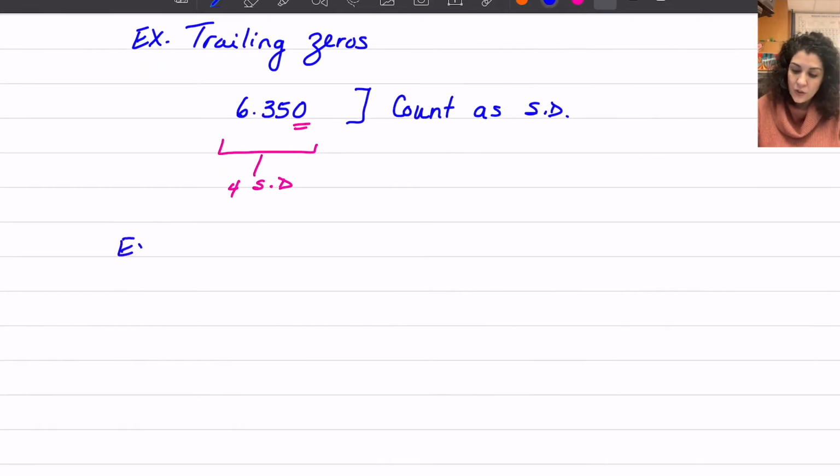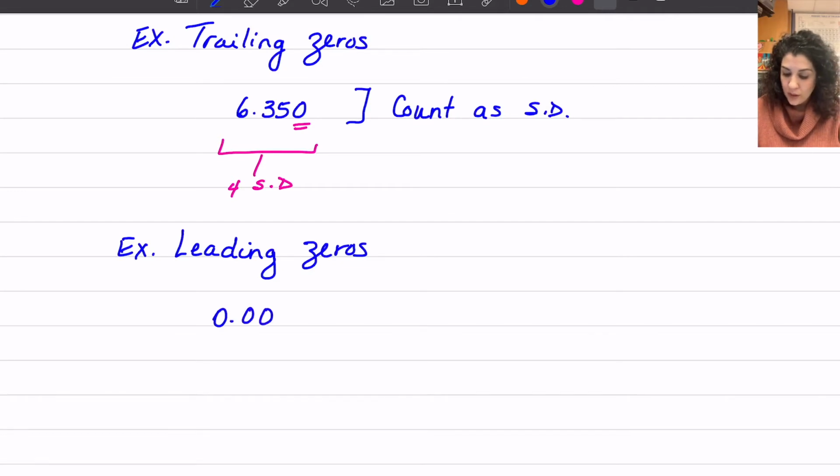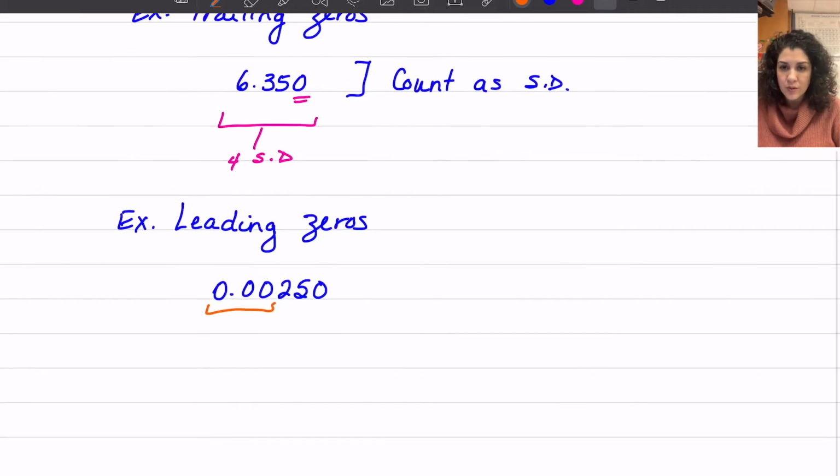If I gave you a different number that instead of trailing zeros has leading zeros, like for example, 0.00250, these zeros, the leading ones, do not count as part of significant digits because they don't contribute to the precision of the measurement.